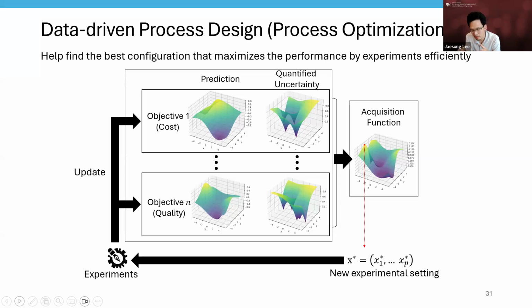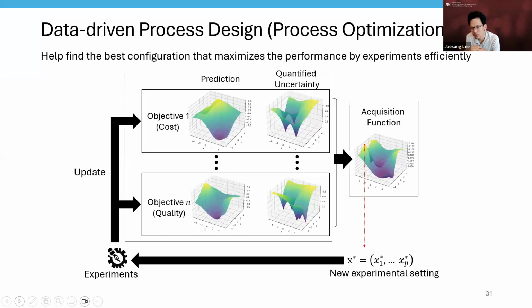For example, for most of the process parameter values, we haven't done any experiments, so we don't have any clue about how much cost it will incur or how good the quality will be. Then the uncertainty will be higher.